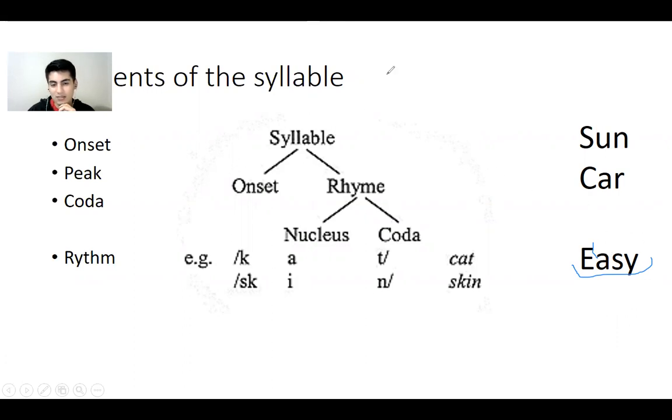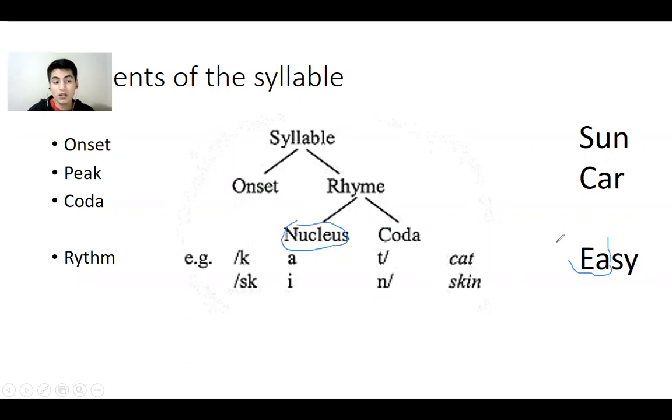So that makes no sense. A syllable cannot have two peaks. That's why we have to separate it here. And these two vowels combined make the first syllable that only has a nucleus, a peak, that is E.